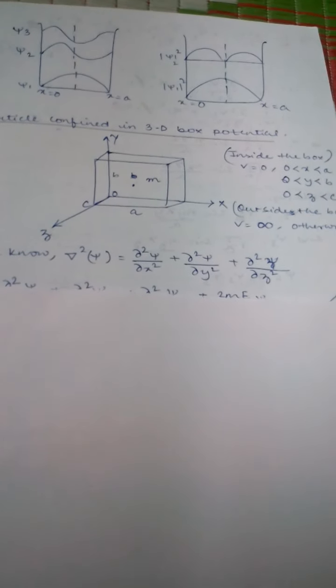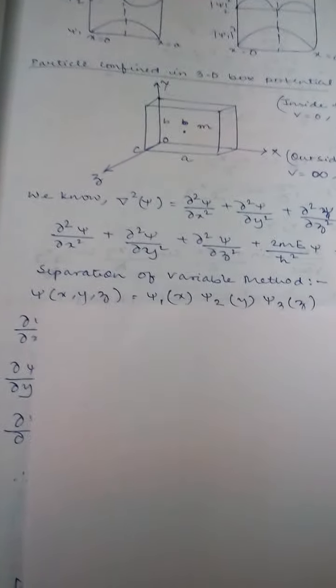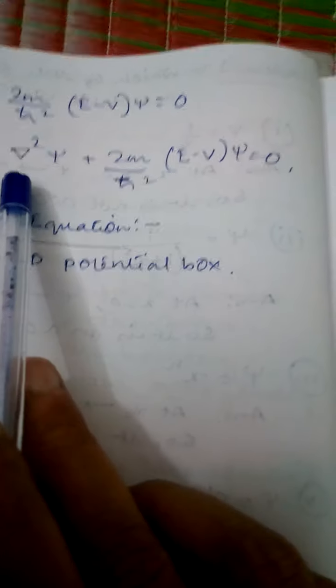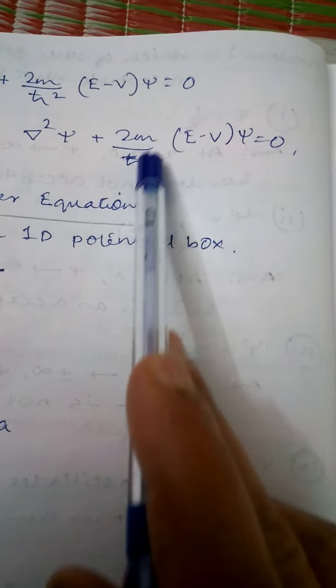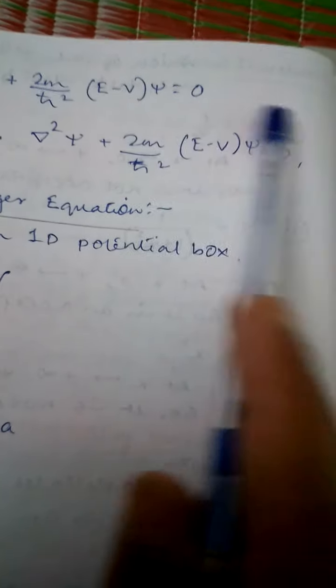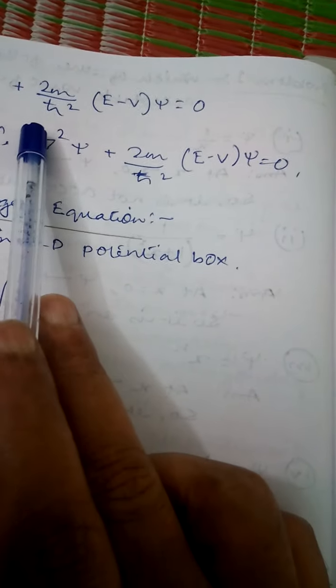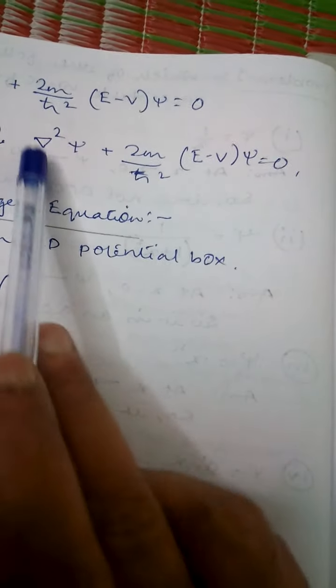Now, to solve this problem, let us start with the Schrodinger wave equation. I have already discussed the formation of the Schrodinger wave equation earlier. This is the form of the Schrodinger wave equation: del square psi plus 2m by h cut square into (E minus V) psi equals 0. This is the differential equation which is to be solved with the help of the given conditions.